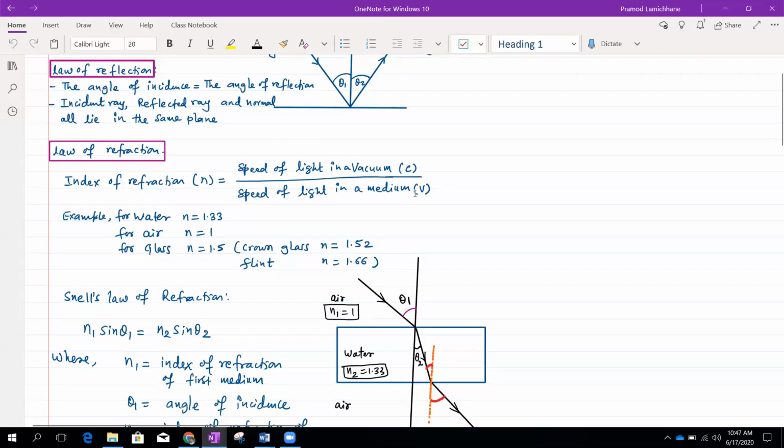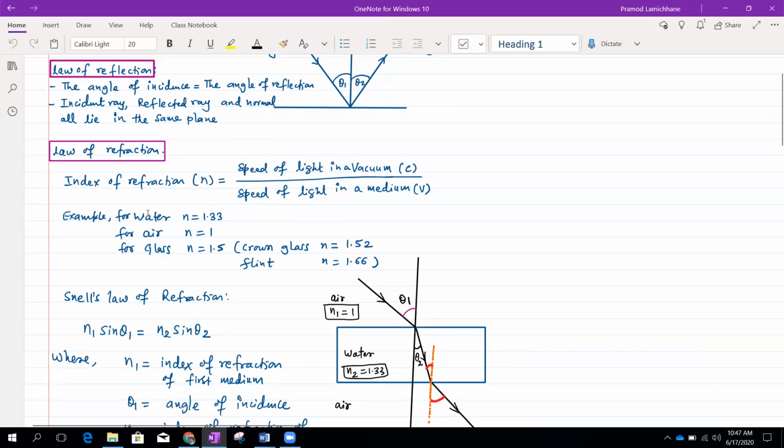When the light moves in a vacuum, its speed is 300,000 kilometers per second, or 3 times 10 to the 8 meters per second. But when it passes through another medium, it slows down. So the index of refraction of that medium depends on how much light slows down.